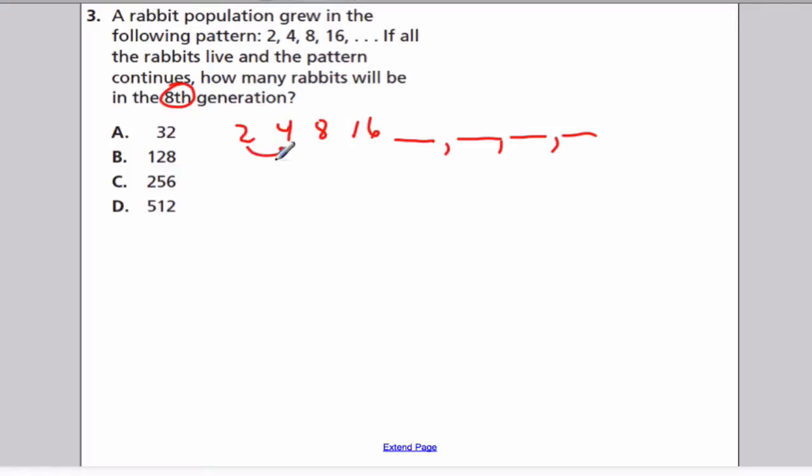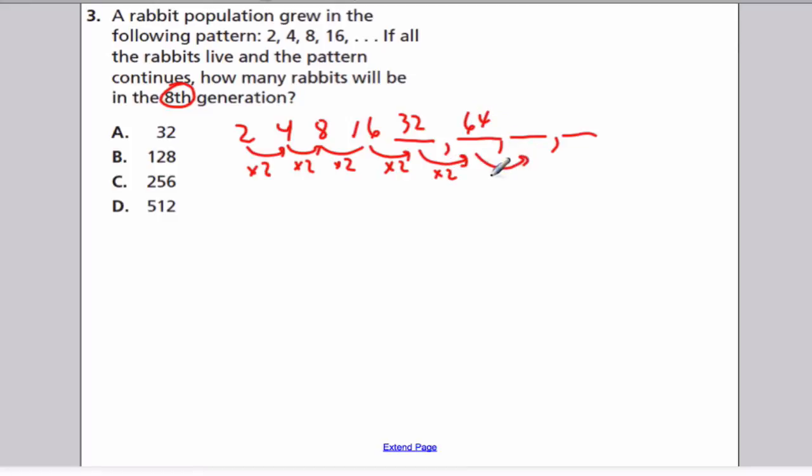You can say, well, 2 times what? Oh, 2 times 2 is 4. Does that stay consistent? 4 times 2 is 8, times 2 is 16. I can continue with that since I see a pattern developing, so times 2 is 32. Then take that number times 2, and that's 64.